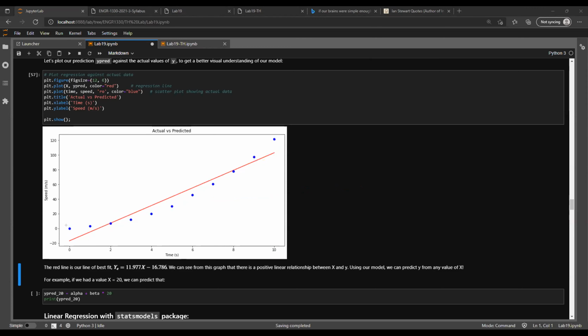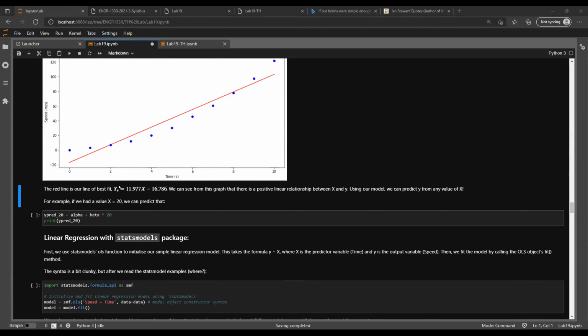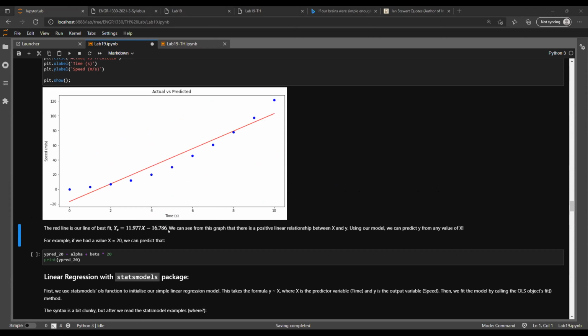Obviously, you can't go through them all because a line won't fit them. But we're using the least squares method to get this. So the red line is our line of best fit. We can see from the graph that there's a positive linear relationship between x and y. And using our model, we can predict y for any value of x we like. How is that? Well, we have a formula here.